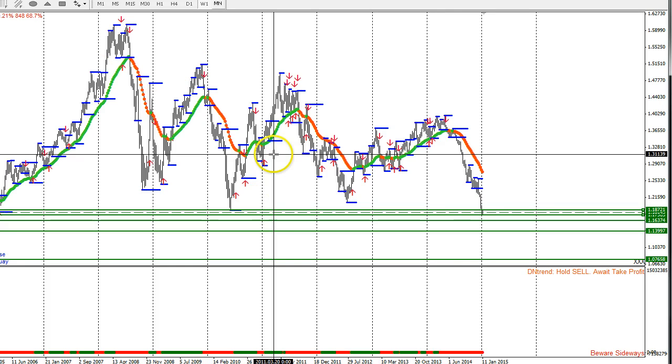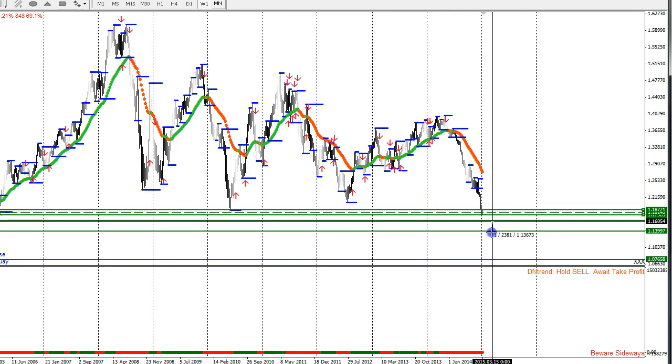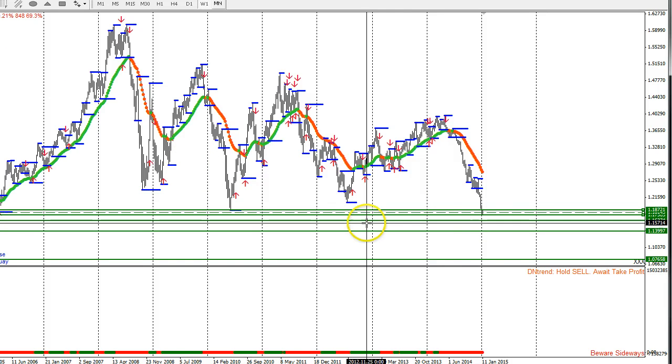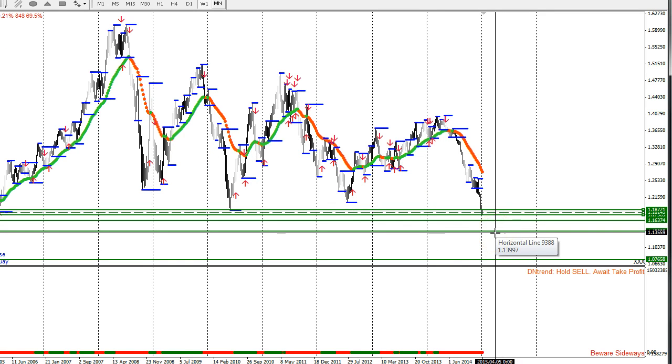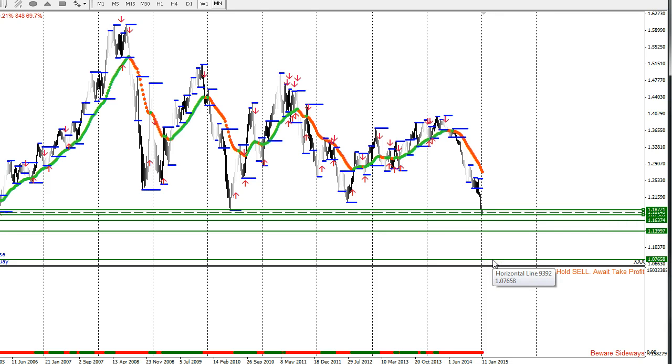So if it breaks that first level of support, it has another 238 pip to go down, and if it breaks that second level of support, it can go another 500 pip down with pretty much no level of support based on the weekly chart.